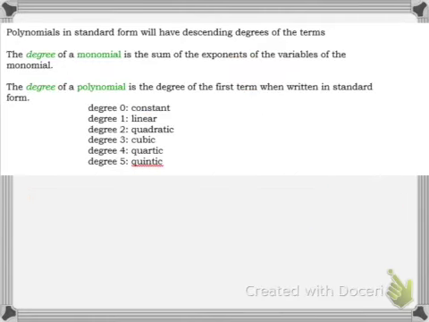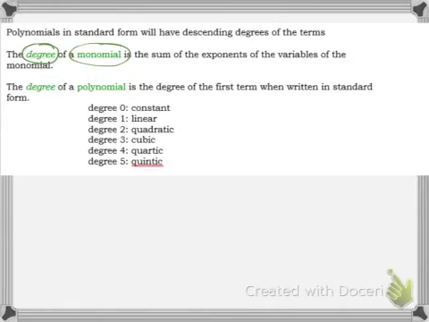Now, as I said in the last slide, a polynomial in standard form will have descending degrees of the terms. So we're going to start with the highest degree. How we know which term has the highest degree comes from determining the degree of any monomial. What we're going to do is add the exponents of the variables of that monomial.